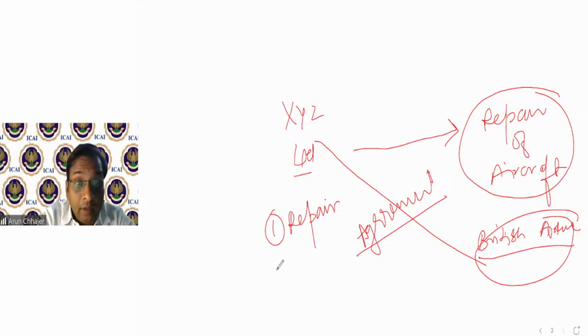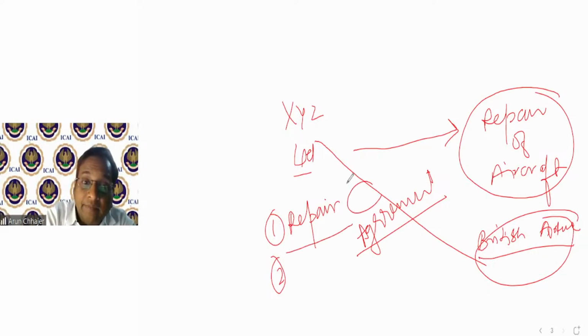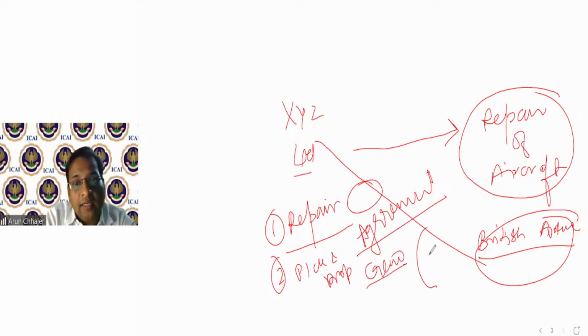Perfect, no problem. When you do the repair, you might take 2 hours, 3 hours, 4 hours. Yes, I will require. During that time, you will provide the pick and drop facility to my crew members by using a car, let's say a Mercedes.